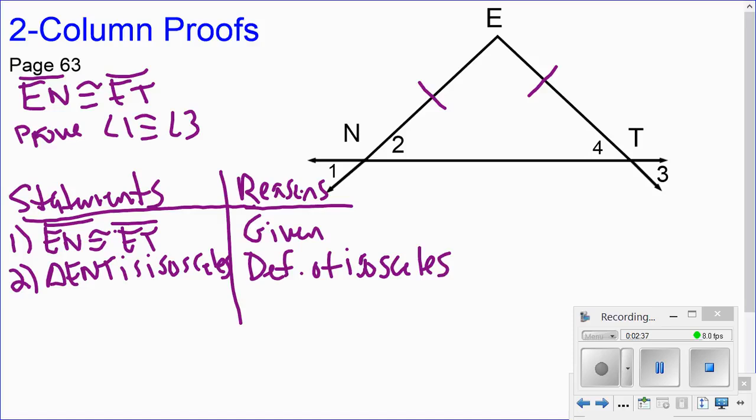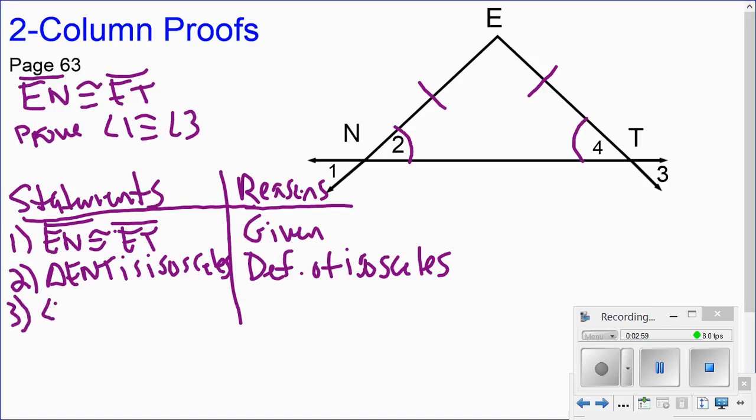Okay, so if we know that it's isosceles, we can use the isosceles triangle theorem, which, remember, says that the base angles of an isosceles triangle are congruent. We can use that to say that angle 2 is congruent to angle 4.